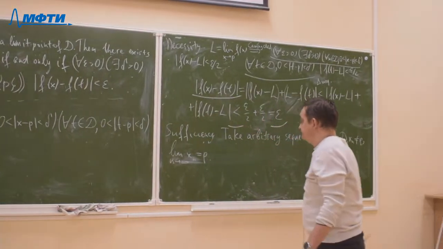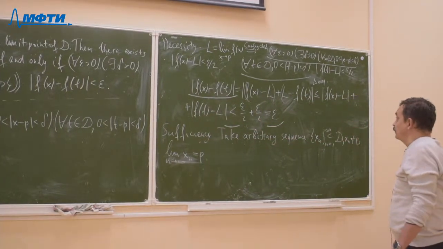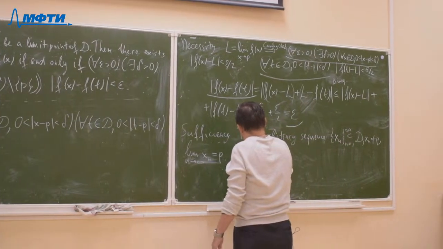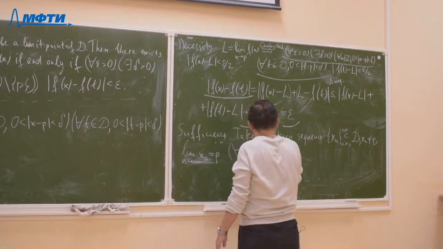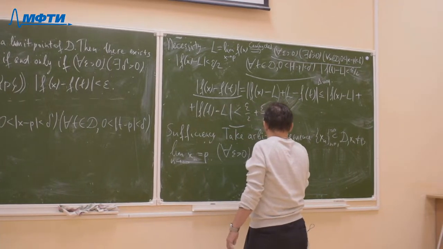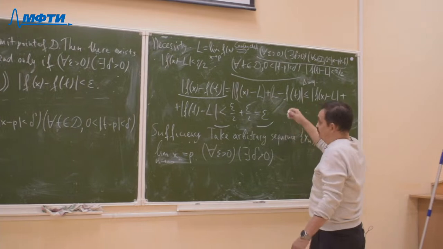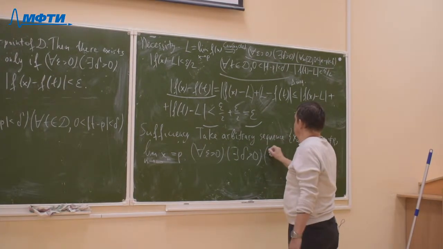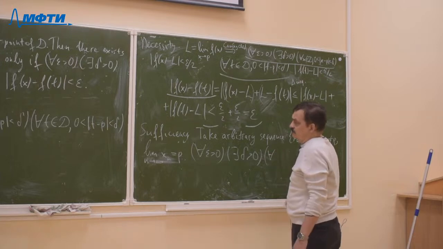Then, for arbitrary epsilon, there exists delta such that the whole chain is satisfied. I'll write it here.